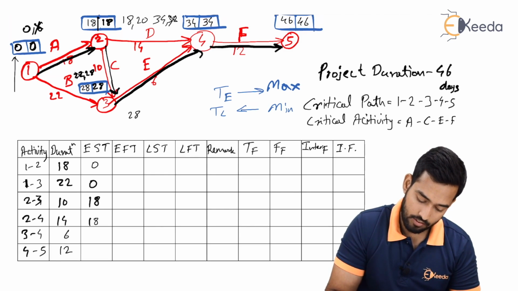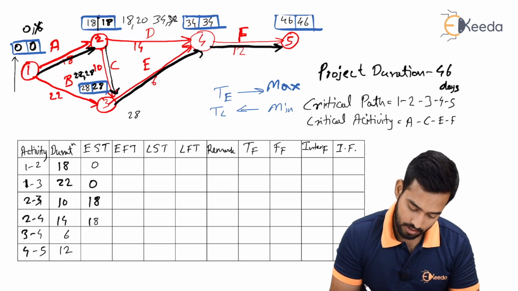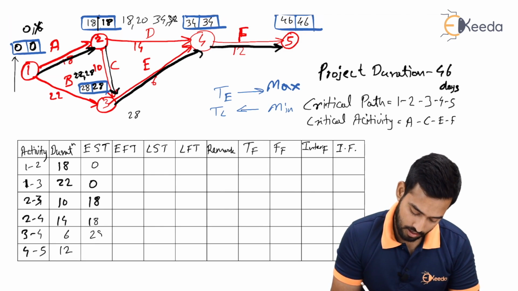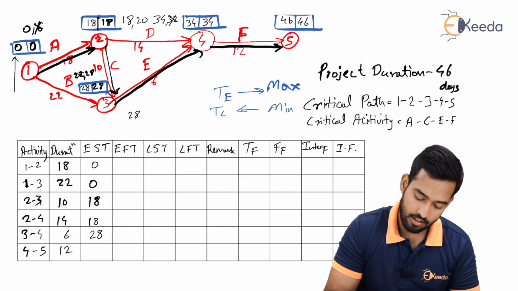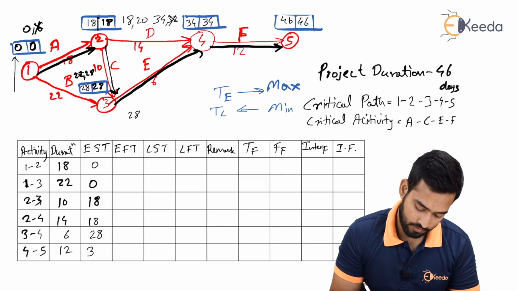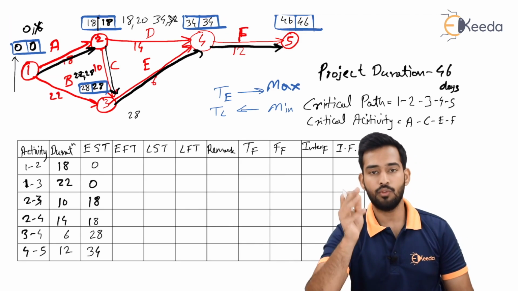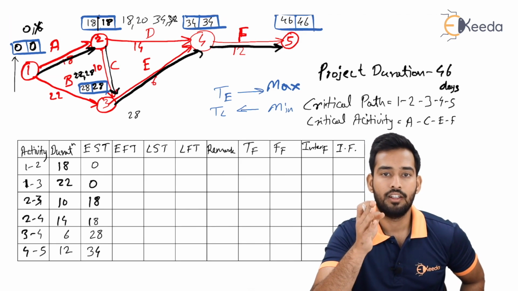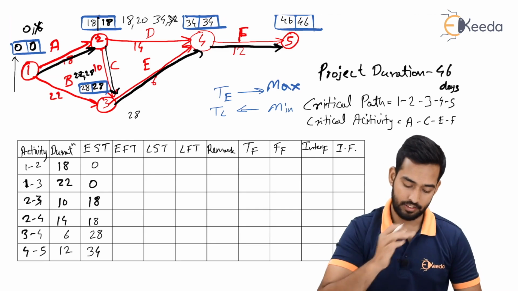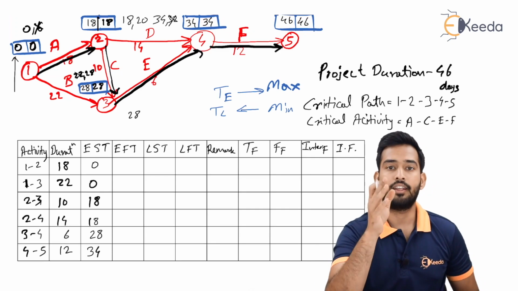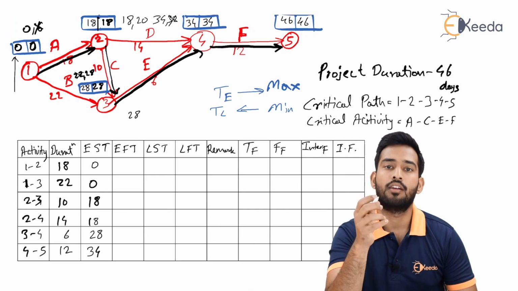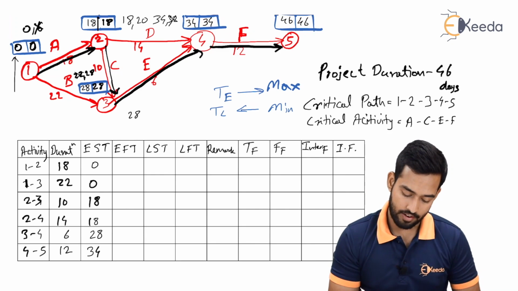For 3 and 4, as we see, the EST will be 28, and for 4 and 5, the EST will be 34. So EST is nothing but your TE, the earliest starting time of that particular activity, which we can take from the tail of your event.